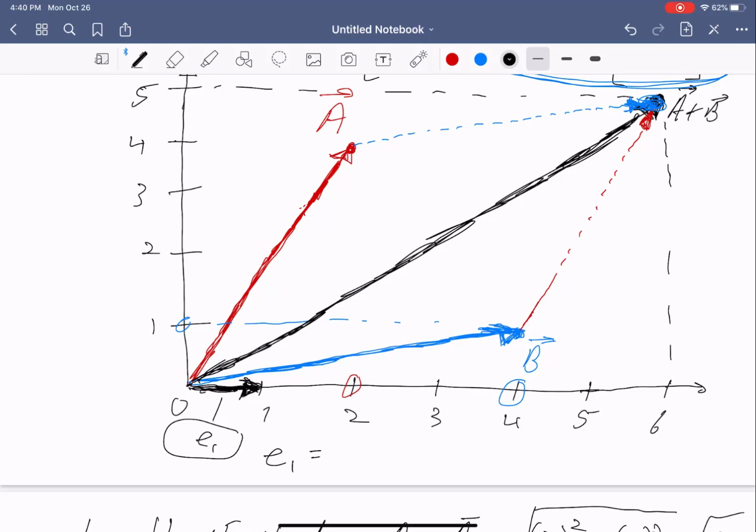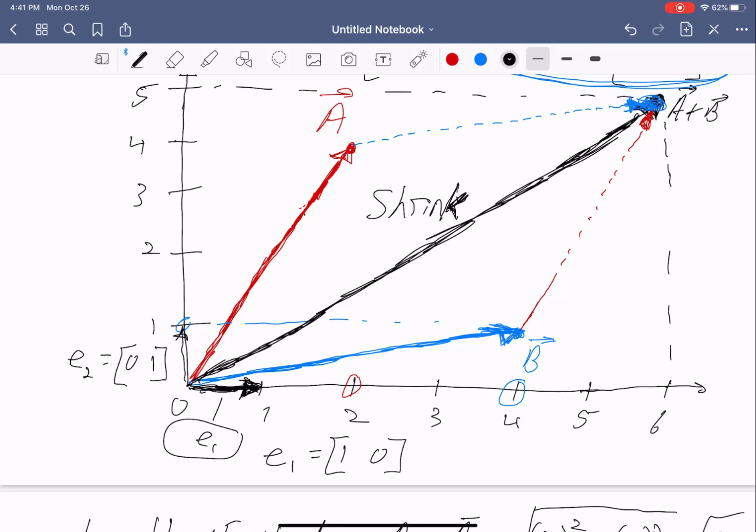E1 is equal to 1, 0. Okay? And we can have E2, which is 0, 1. So we can have that vector here, which is E2, 0, 1. So these are directional vectors, and we want to make A into a directional vector by shrinking it, shrink to normalize it.